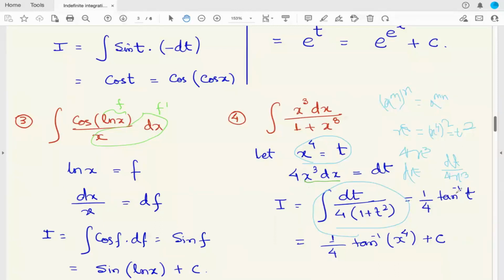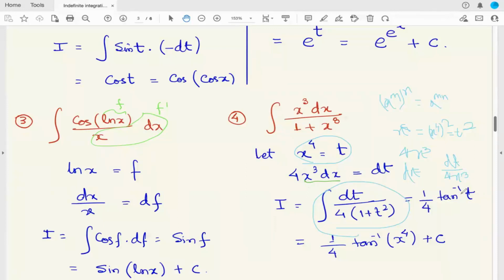Let me write that, because if we differentiate this integral, what is the differentiation of tan inverse of t? The differentiation of tan inverse of t is 1 by 1 plus t square, right? Therefore, when we integrate 1 by 1 plus t square, we get the value of tan inverse of t.